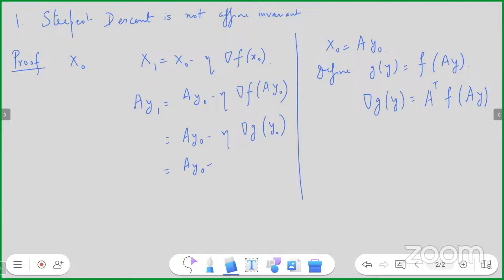That x1 is not equal to AY1, that's all I want to show. X1 is this quantity, and AY1 I'm trying to compute. Somehow I want to show that this is not true. So what is the appropriate thing here?